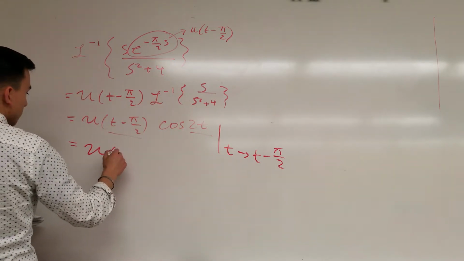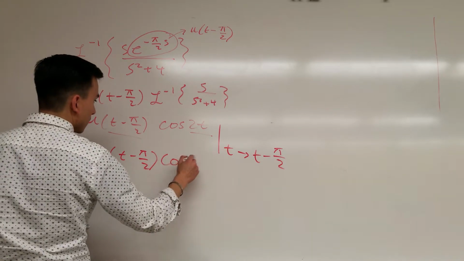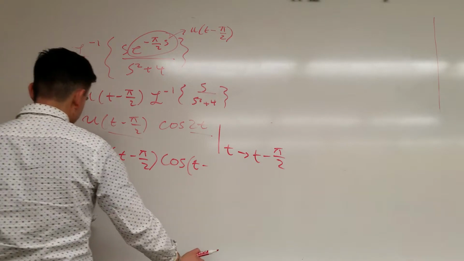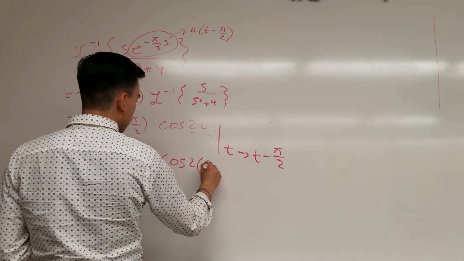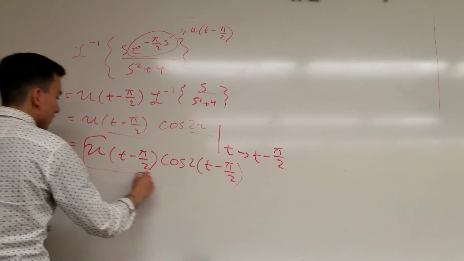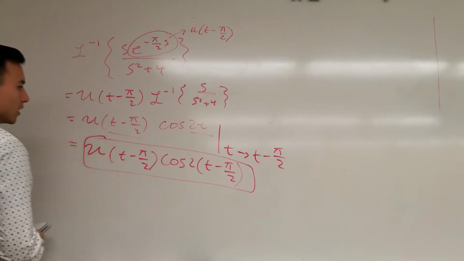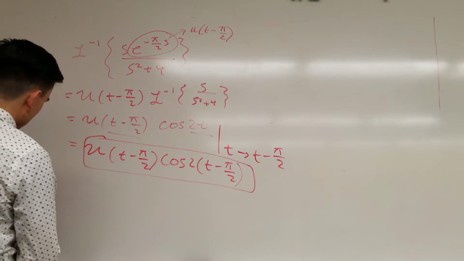So the unit step, t minus pi half, cosine of 2 times t minus pi half. And now they match. There you go. And that's how you're supposed to leave it. Okay?